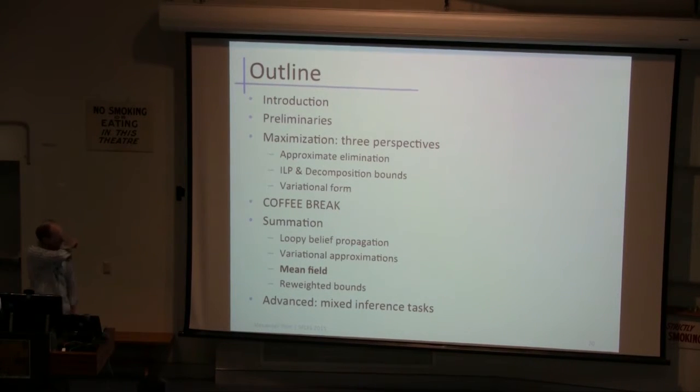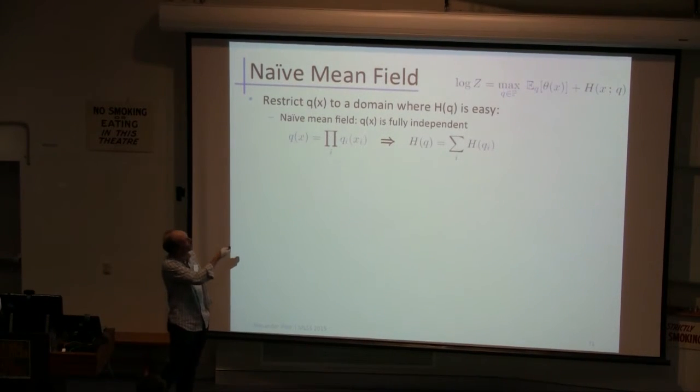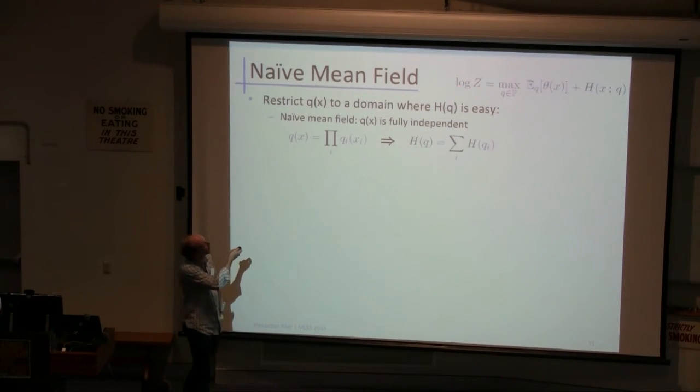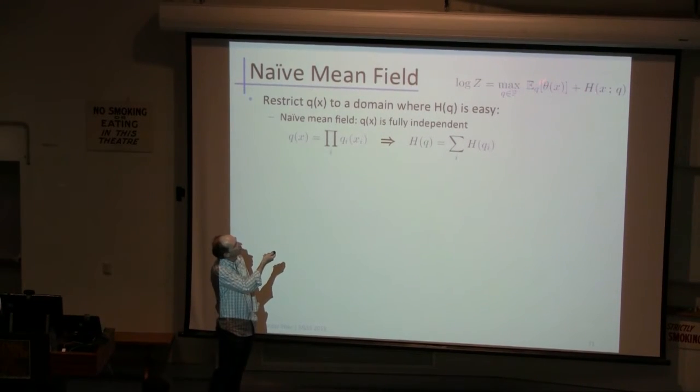Okay, so first I'll look at lower bounds with mean field, and then I'll look at lower and upper bounds using reweighted methods. So here's our variational form. The true log partition function is the maximization over distributions of this expectation of theta plus entropy. Right?